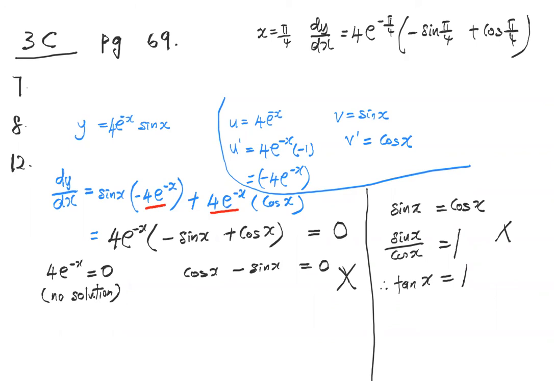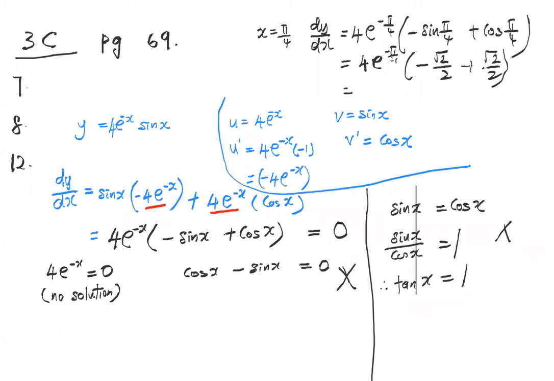So this is equal to 4e to the power negative pi by 4. Sin pi by 4 is root 2 over 2, correct? Cos pi by 4 also root 2 over 2, correct? So campur dapat apa?